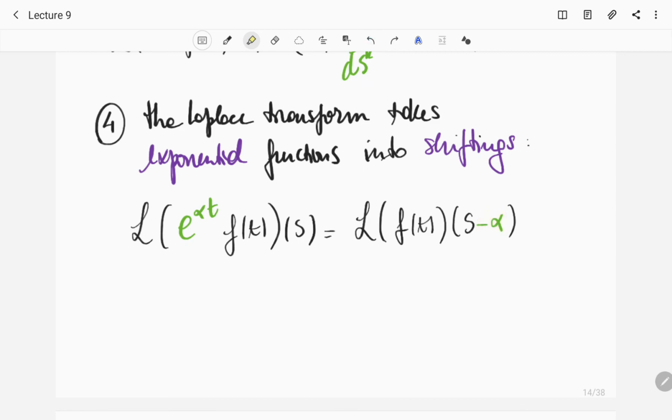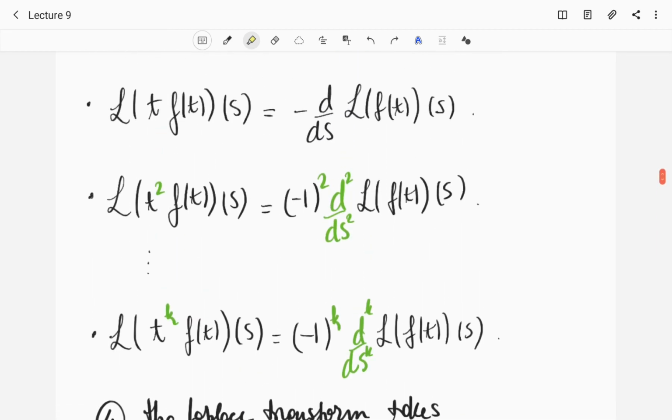Okay, now we have these 4 properties. Remember, we have linearity, which is great because we are going to work with linear ODEs. We know how the Laplace transform acts on the derivative of functions, which is also great because an ordinary differential equation involves the derivative of a function. And then we have these 2 more, a bit more complicated properties: if we have powers of t times a function, the Laplace transform turns powers of t into derivatives.